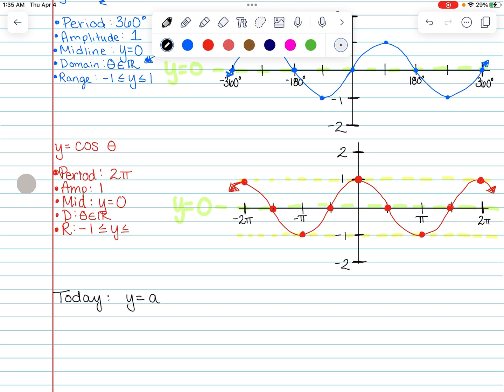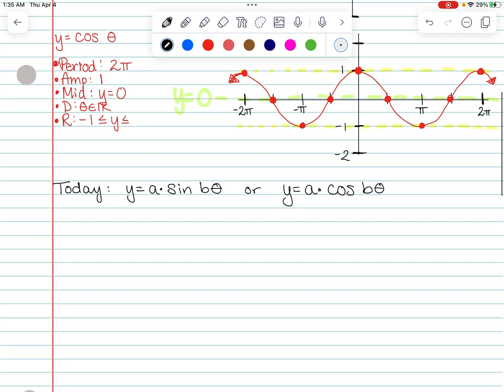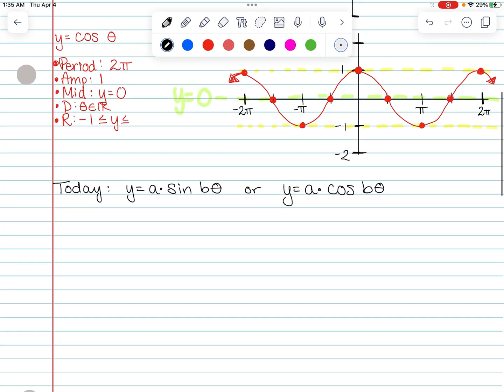Specifically today, we're going to see equations that look like y equals a times sine of b theta, or y equals a times cosine of b theta. Now, a and b control a couple of things on the graph. A controls the graph's amplitude.